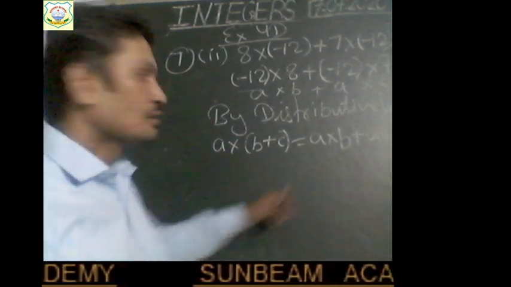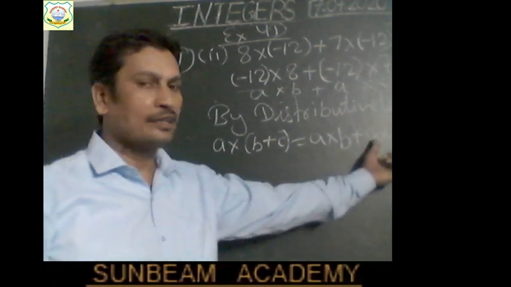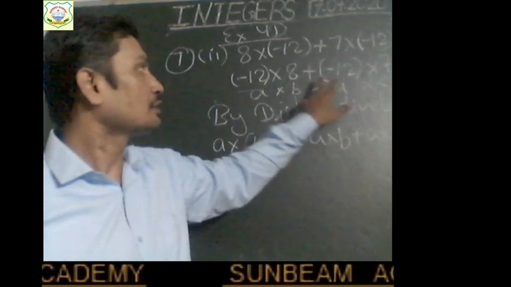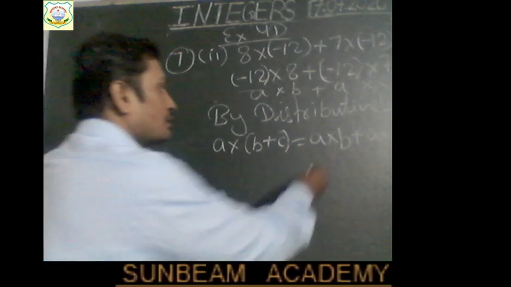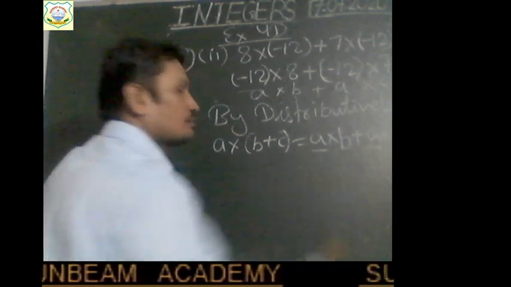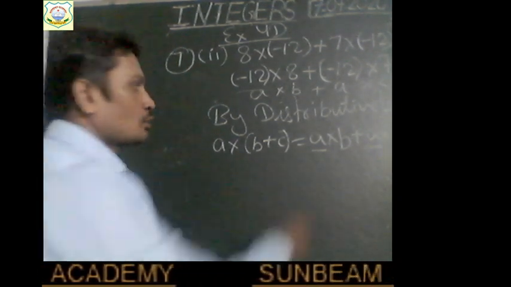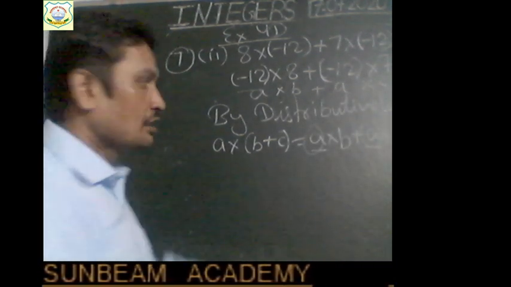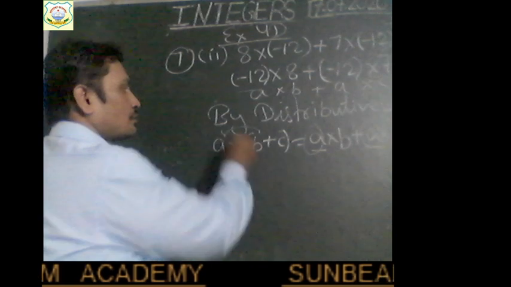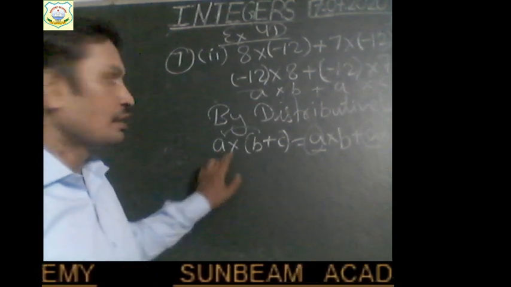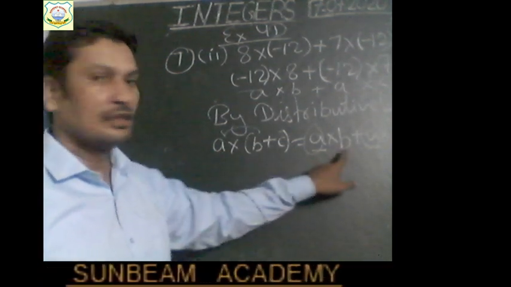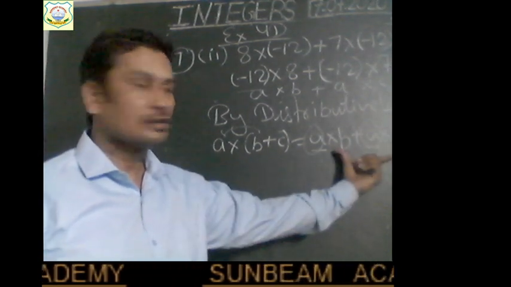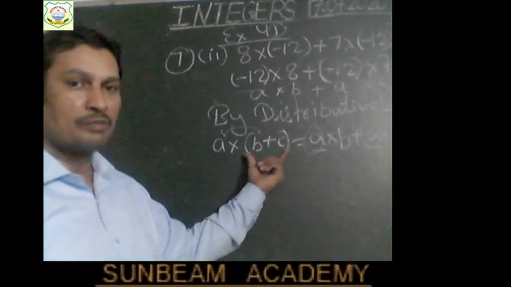So you can see a into b plus a into c. This expression is in the form of a into b plus a into c. So the integer which is common is a here. Right, children? So this common integer a from both the products will be written outside, into b plus c. The remaining integers b plus c will be written inside one bracket.